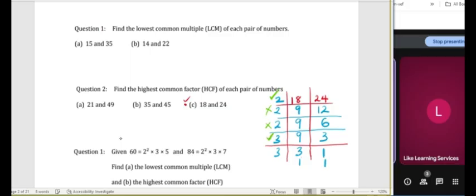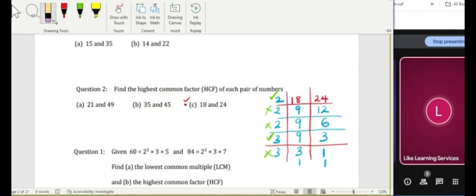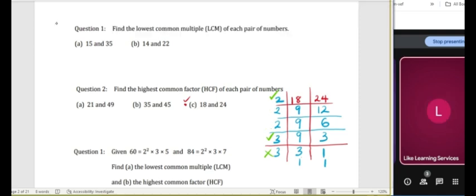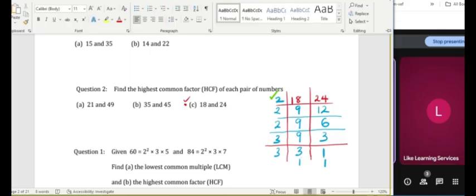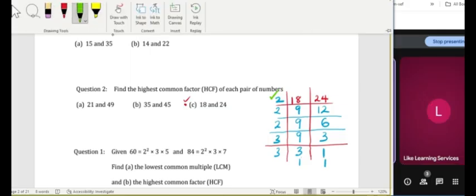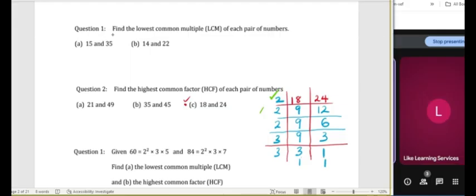Yes. This last 3? No, because 1 did not divide 3. I was just saying you tick, you know. So this couldn't divide all through, this divided all through, this couldn't divide all through.